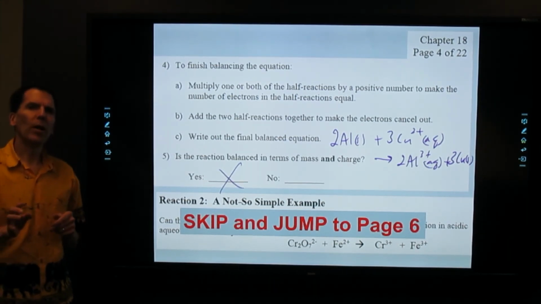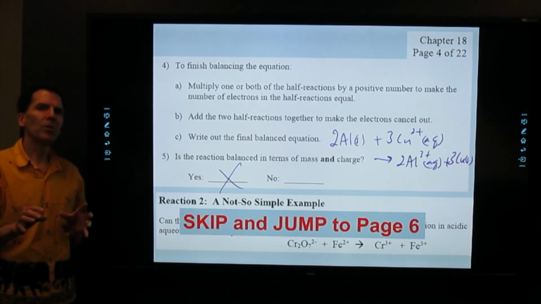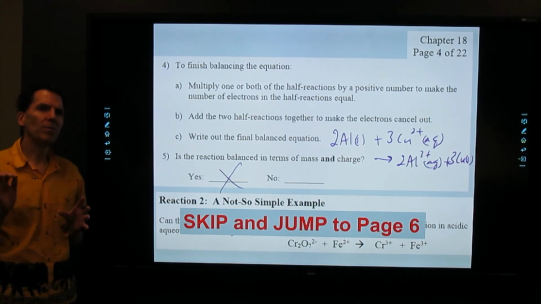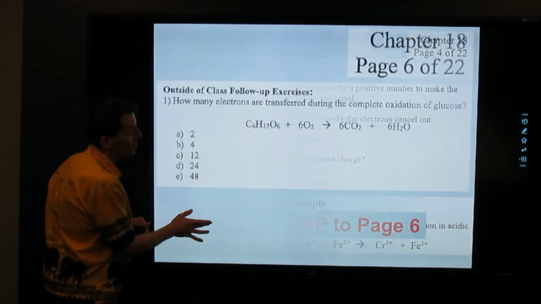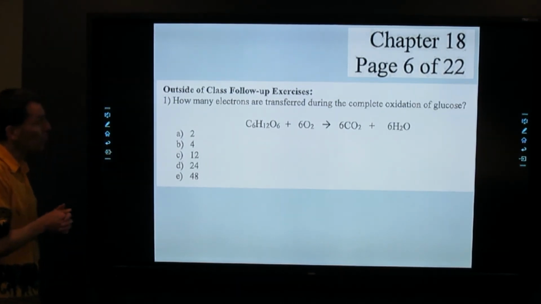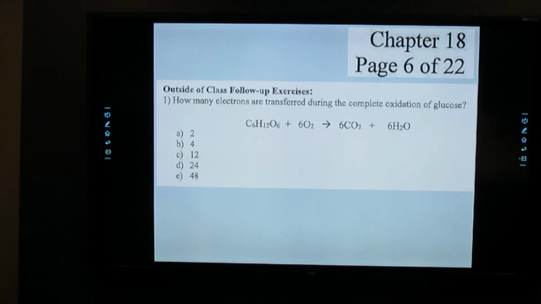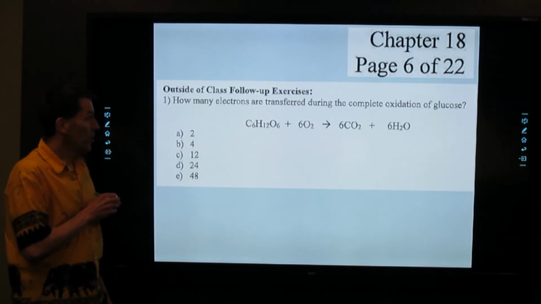I'm going to focus more on having you count the number of electrons transferred in balanced equations, because that's the skill you need later in the chapter. So on page 6, I'm going to work through this example with you, and then show you the other 2 equations, which will appear very differently than how they do originally.